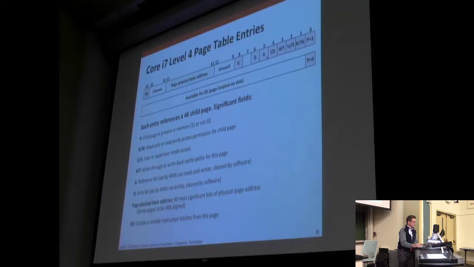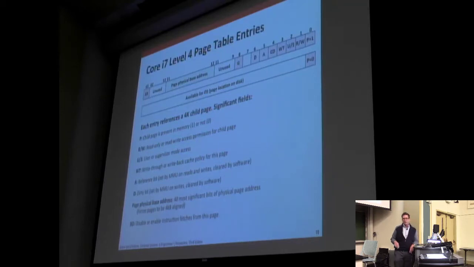There's this reference bit, and then there's a dirty bit which the MMU sets when it writes to that page. This is how the OS knows, if it selects this page as a victim, to look at the dirty bit to see if it needs to write that page back.